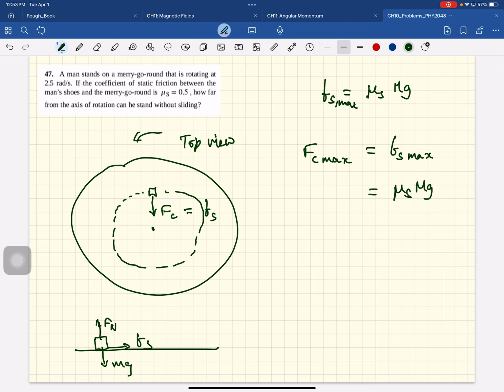And what is the centripetal force? It's m, the mass of the guy, times v squared divided by r. And v is related to omega, like that. So m r squared omega squared divided by r is μs mg.